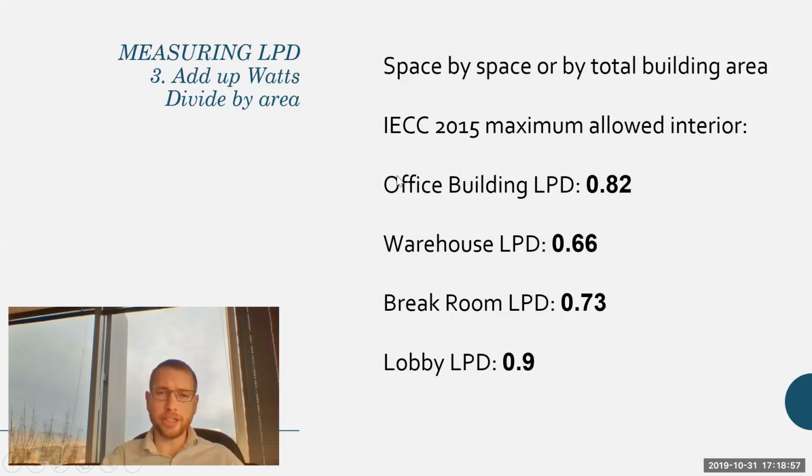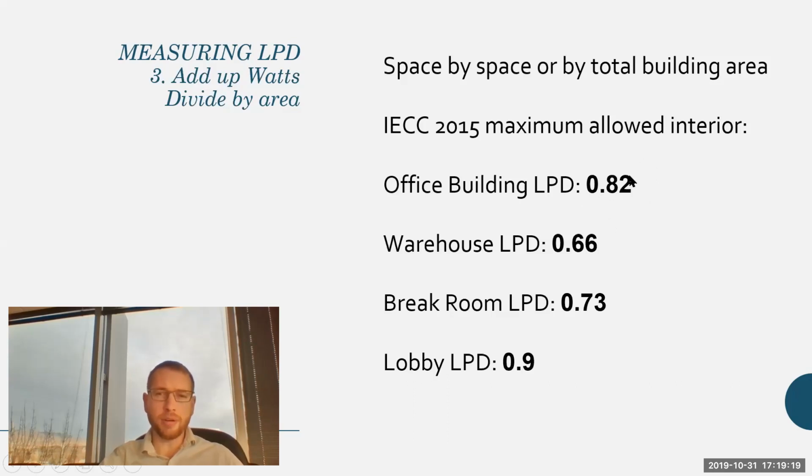In the energy code, you can look at building-wide lighting power density or specific room lighting power density. Generally, these are less than 1. Now, they can be much lower depending on the actual facility type and if they're using LED or high-efficiency fixtures.